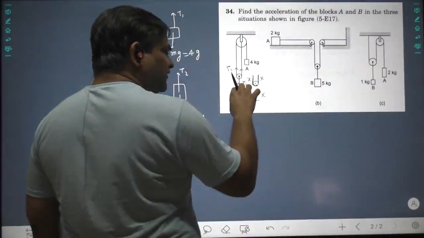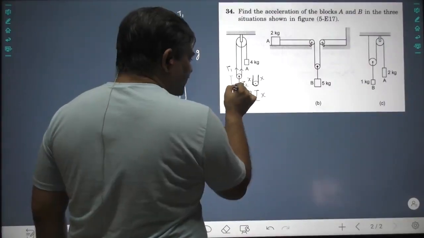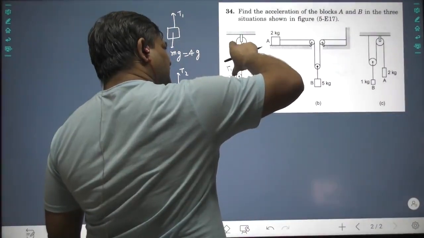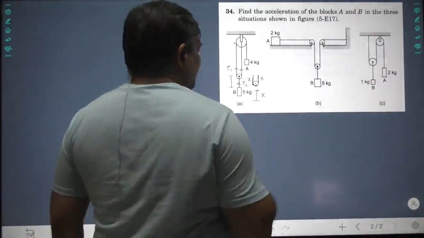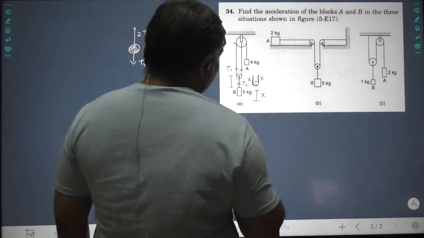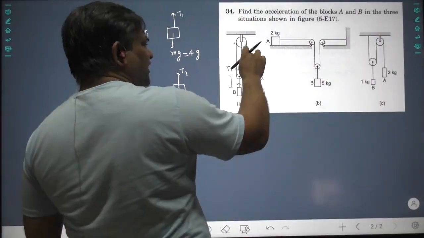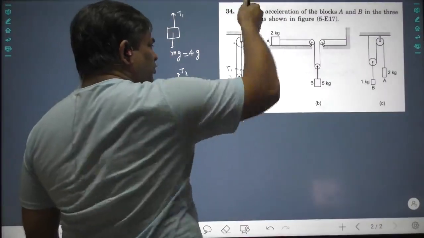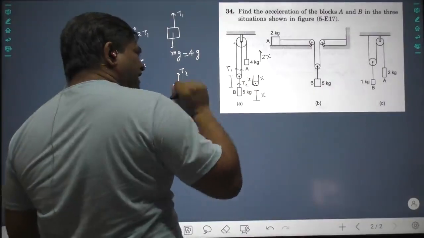This pulley will move x down because this string is constant, so this string length also gets stretched by x. This also gets stretched by x. So we need 2x units of length, and this 2x units of length has to be provided by this 4 kg block because the free end of the string is only here. This is a fixed end, there is a knot here. So the free end has to move 2x upward so that the pulley can move x downward.